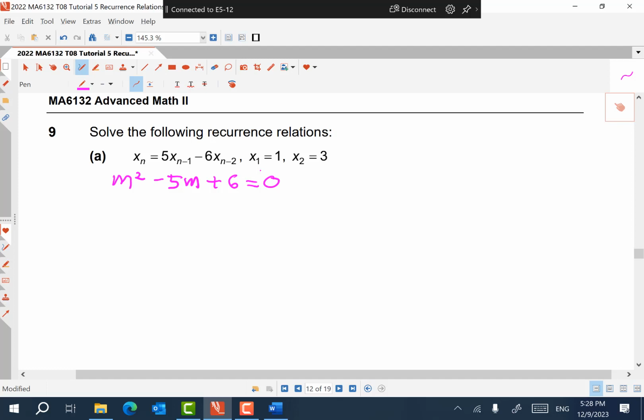But anyway, the first thing you do is write down this equation. The common mistake is you forget to move everything to the left hand side. You must move everything to the left hand side first. Then you write down the statement, and then you get 2 solutions for m.